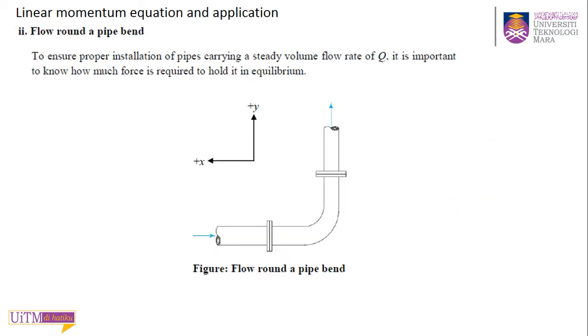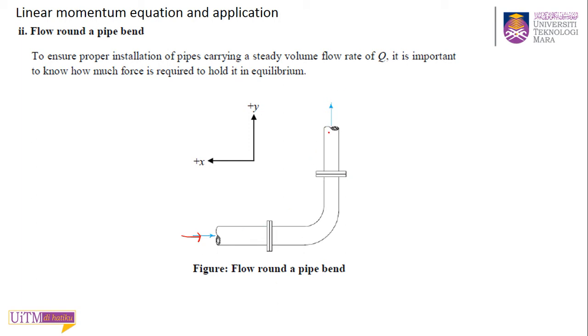Okay, that's the first application, the flow round a curved vane. The second application is the flow round a pipe bend. Okay, this is your pipe and the pipe is bent, at some angle. So to ensure proper installation of the pipe, the fluid flows in and out.